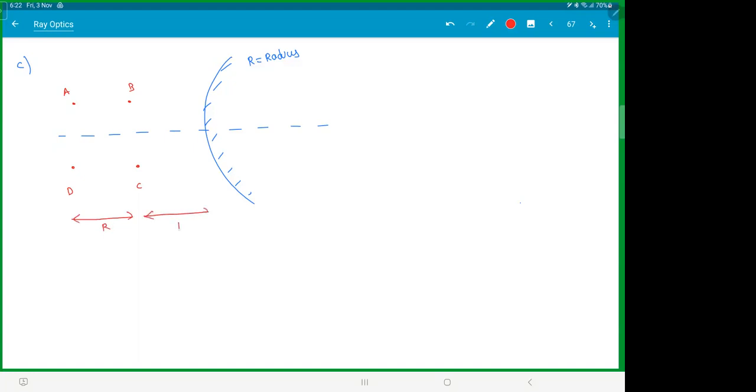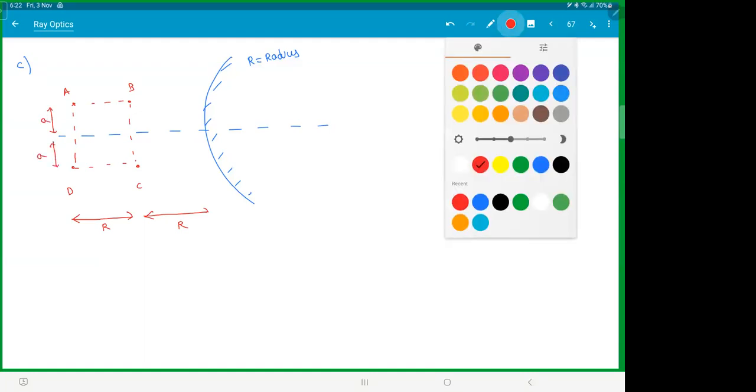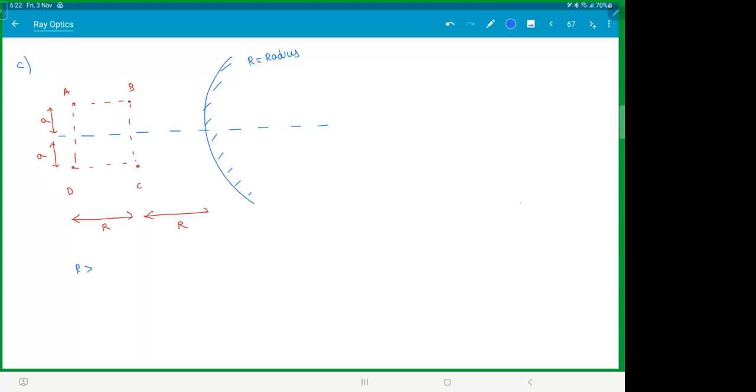This distance is also r. They're just 4 points which form a rectangle. And this distance is a, and this distance is a. R is much greater than a, so that the light rays will be paraxial.